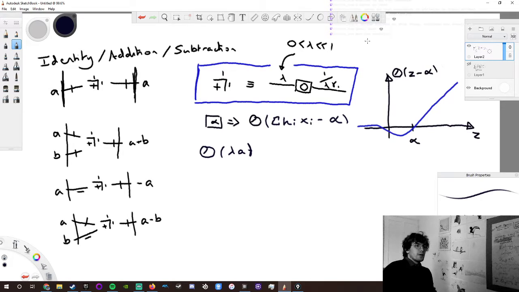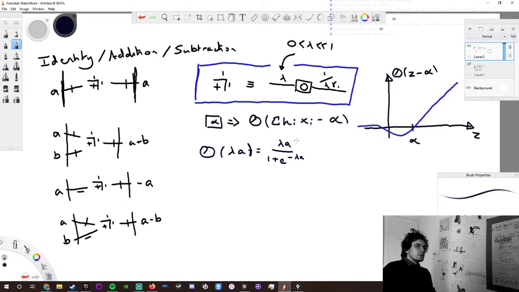So sigma is this: lambda a over 1 plus e to the minus lambda a from our definition of theta. Again, if you're watching this, I'm sorry, I'm all over the place on what I call different Greek letters.